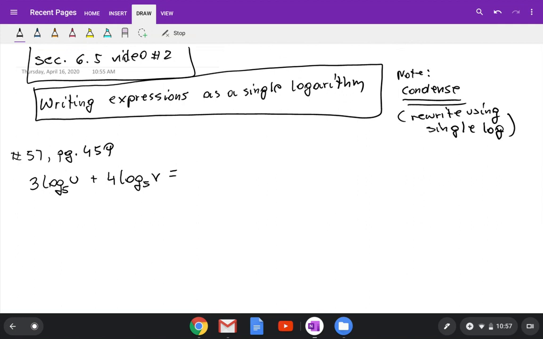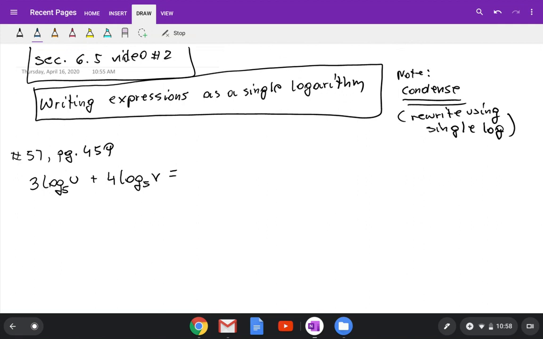I'm not sure if you remember from last lecture, but when we were expanding, the last property which we applied in expanding was the power property. When you condense, which means rewrite something long using a single log, you're going to start working backwards, which means the power property is going to be the first thing you do.